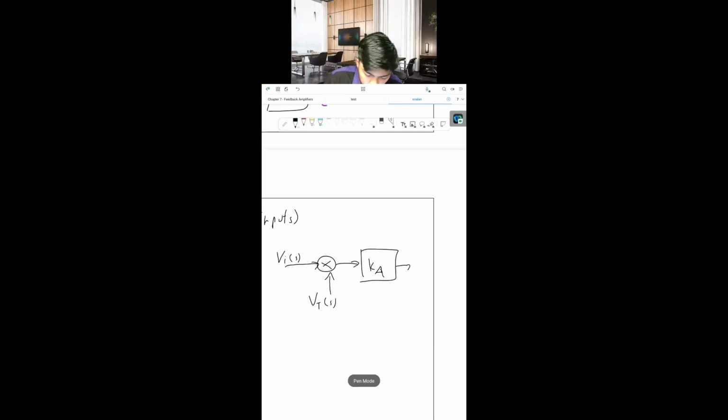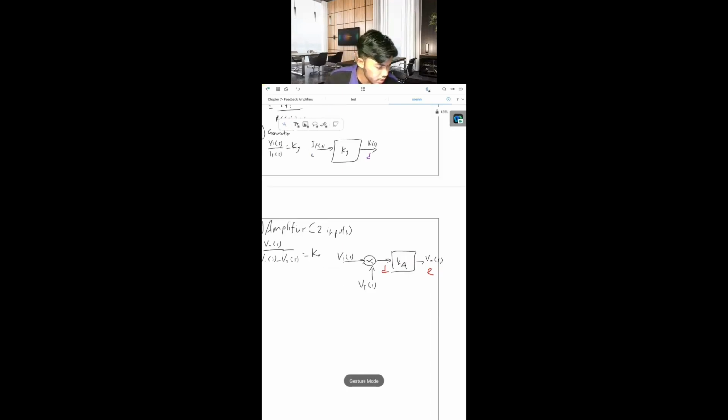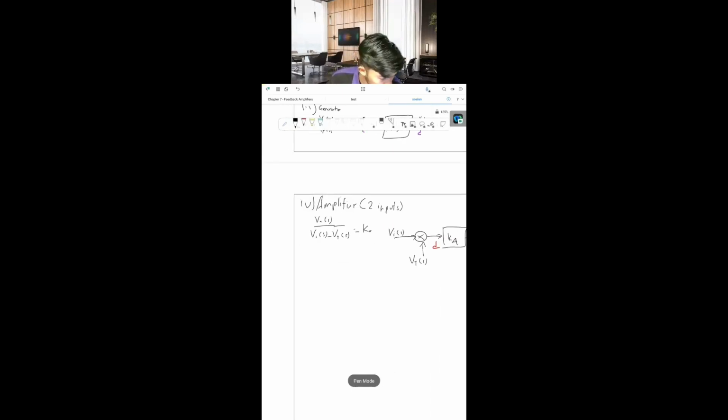So the output is V_A(s). We label it and continue with D and E. So we move to the next one, which is the armature circuit.